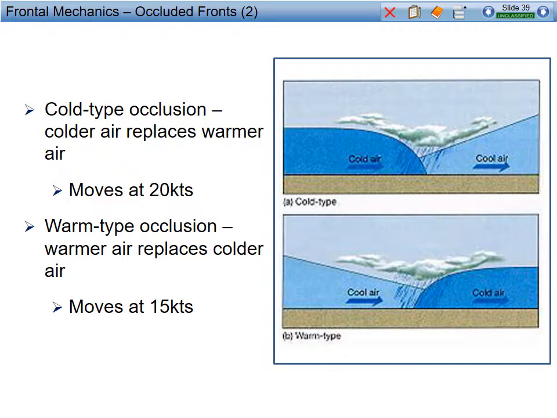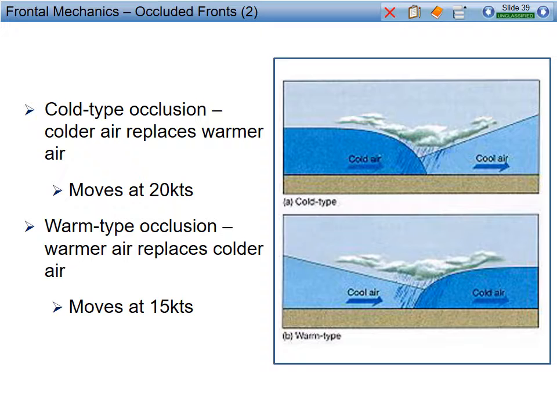Starting off with relatively cool air and then finishing off with much colder air, you're experiencing a cold type occlusion, and those will typically move at 20 knots. The warm type occlusion, we started off with the coldest air and finished off with the relatively cool air. Those will move at 15 knots to the northeast, and that's your warm type occlusion.